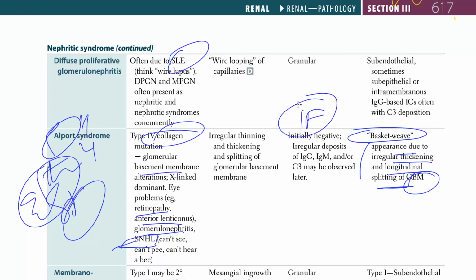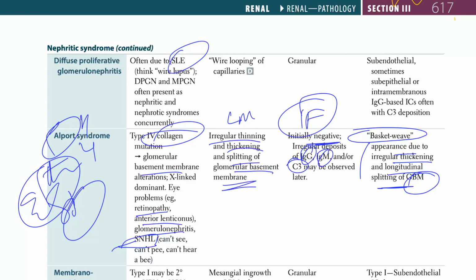On immunofluorescence, it's negative. Irregular deposition of IgG, IgM, or C3 may be observed later on electron or light microscopy. You have irregular thinning and thickening and splitting of the glomerular membrane.